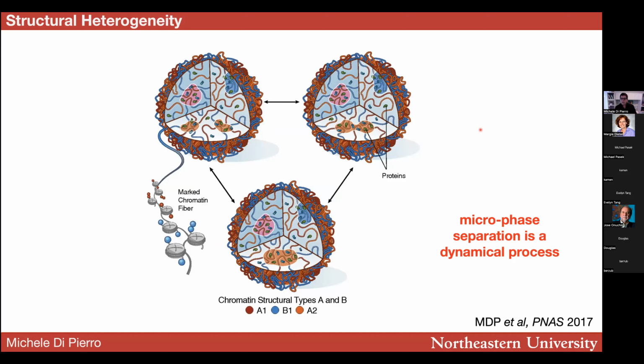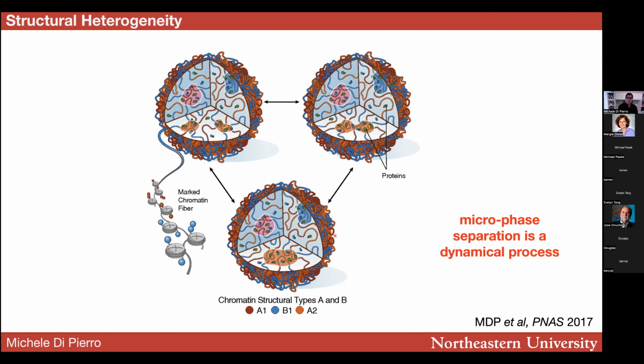There's not a single conformation like in a protein. There's not a native structure, but it's more like chemical propensities that are created by the proteins and the epigenetic modifications that create this sort of microphase separation, which is very dynamic, in which droplets split and fuse. And so this was a very clear outcome of our modeling.